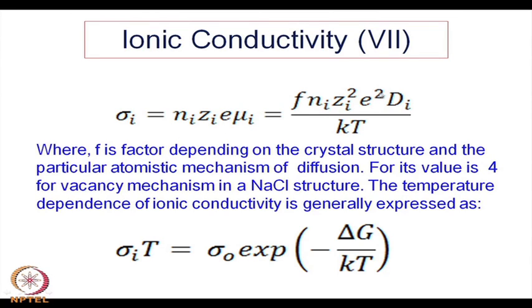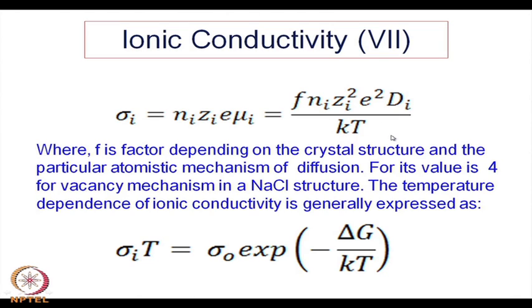That means Di, the diffusion coefficient, is an exponential term of temperature with an activation barrier. In addition, sigma I is inversely proportional to T if this is taken as constant, although it is not a constant. There is also a T term in the denominator.